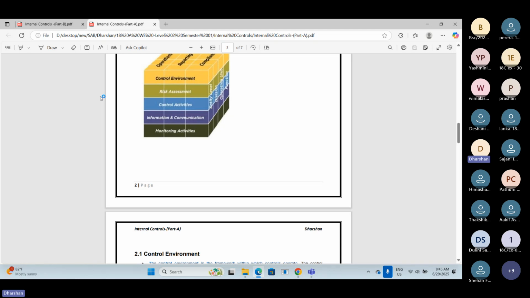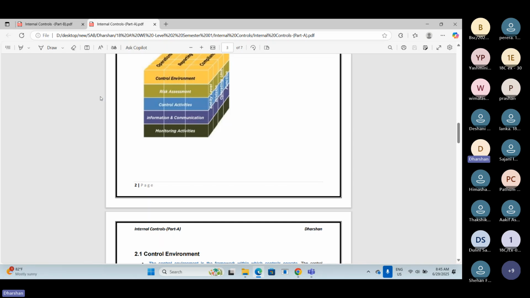If they want to implement strong control, first they should think, and try to implement that thinking with other supporters. They should have a positive attitude about internal controls implementation. That is the base, the foundation. So they should put a strong foundation through this control environment. After that, with other elements' support, they can implement strong internal controls.